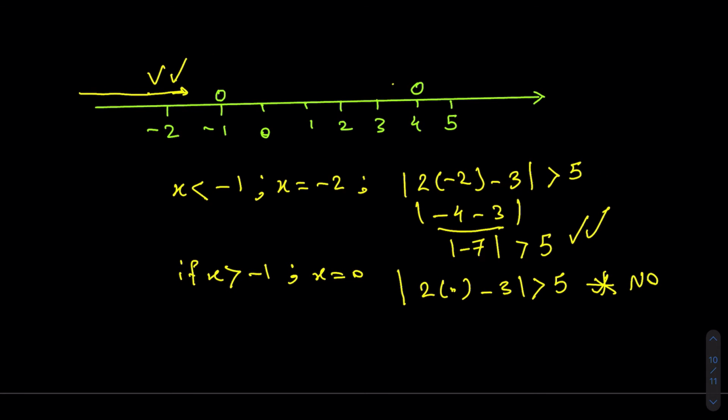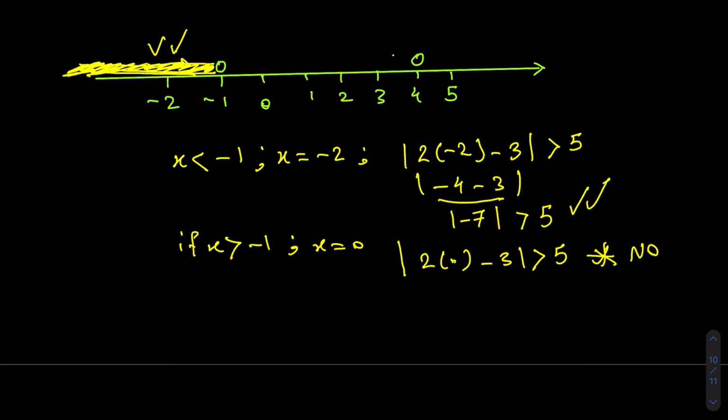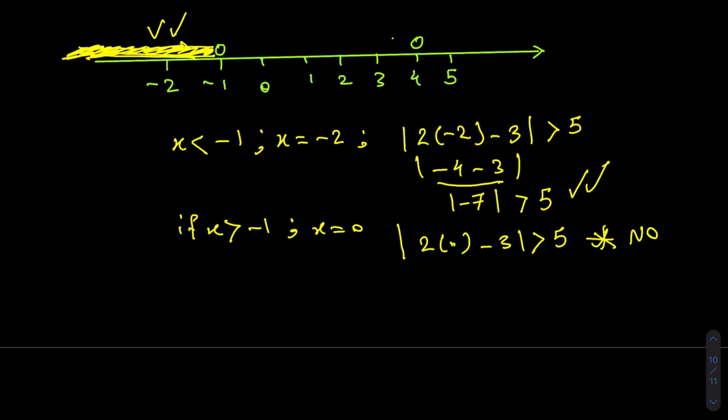So here in this area does not belong to the answer. Let me color it to make sure this is the answer. Between these two critical values, this area does not belong to our answer. Now let's check whether this other area belongs to the answer or not.